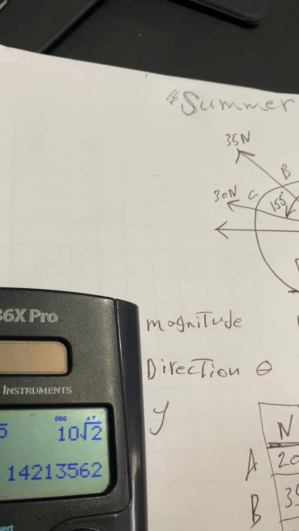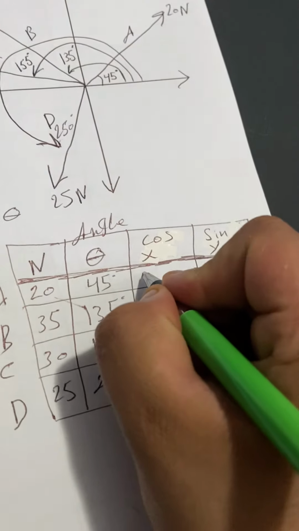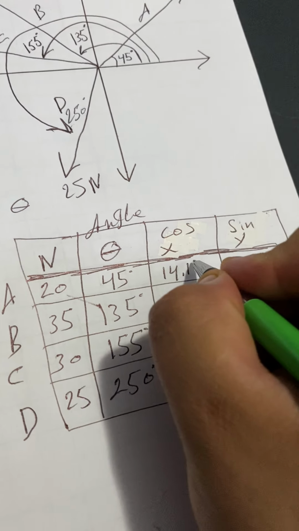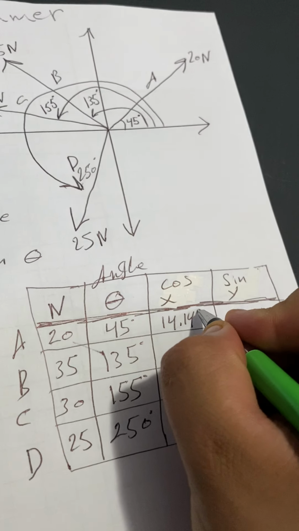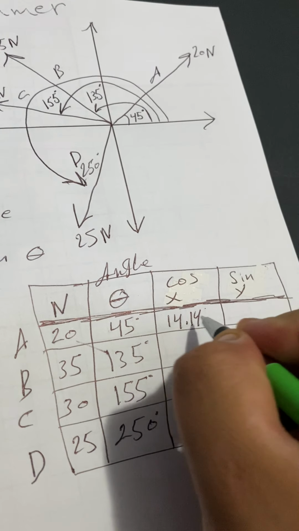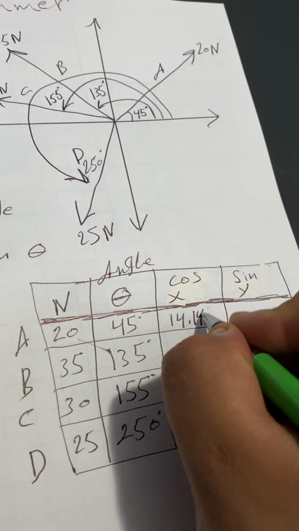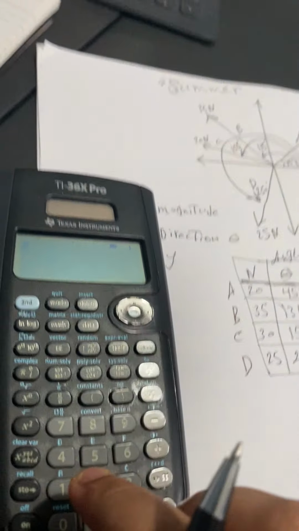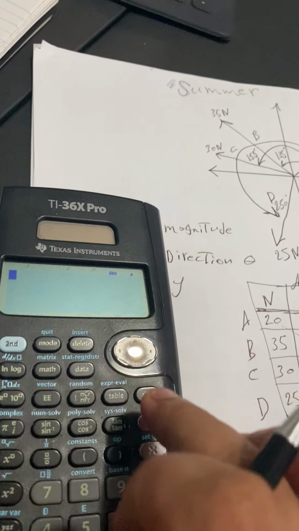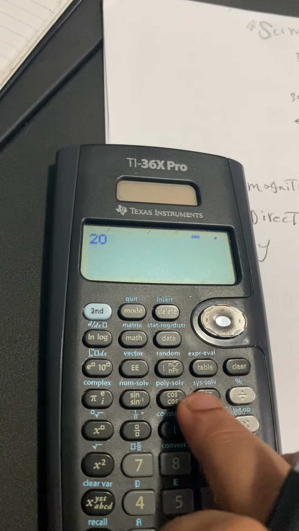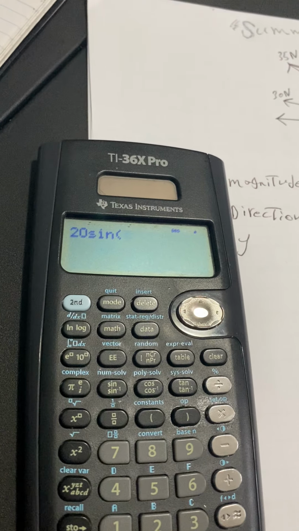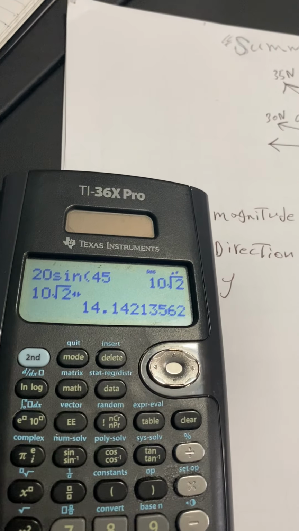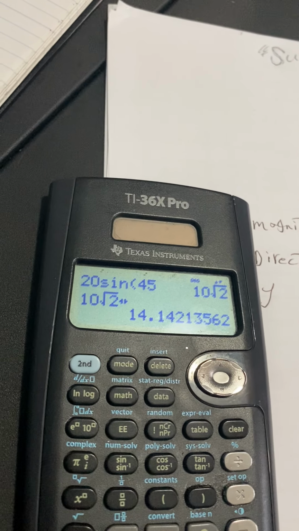For the cosine, it gives me 14.14. And for the sine, we put 20 sine 45 degrees.